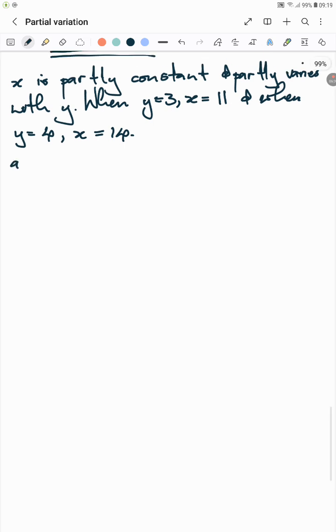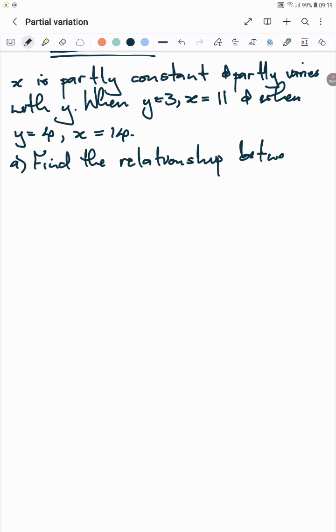Part A says find the relationship between x and y, and part B says find x when y is equal to 10.